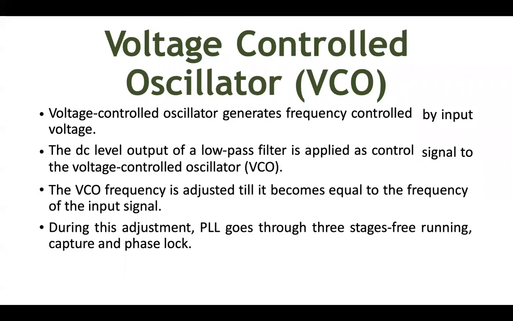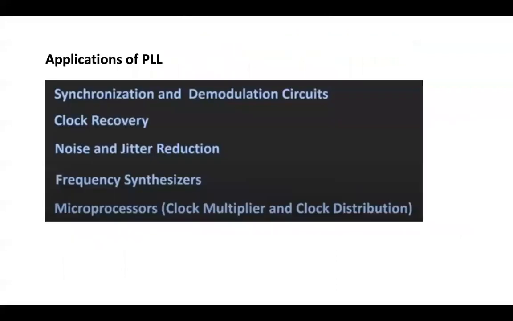We have seen that once it becomes equal, that's when your phase detector gets the input and it starts becoming constant. During this adjustment, the PLL goes through 3 stages: free running, capture, and phase lock. Free running is the complex waveform which I showed you, capture mode was the point where it started becoming constant, and phase lock is where it's always the same.